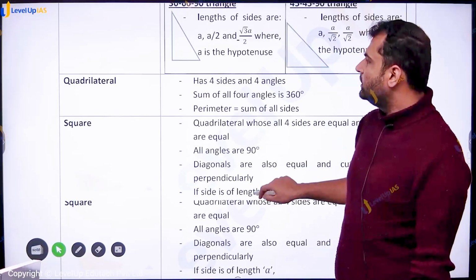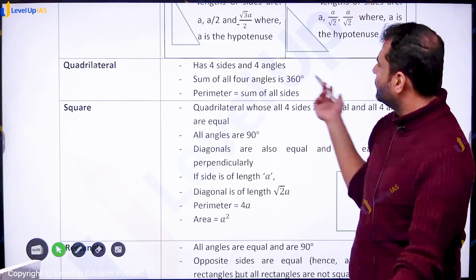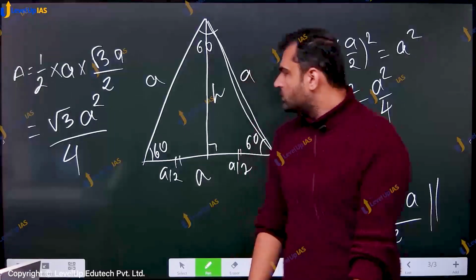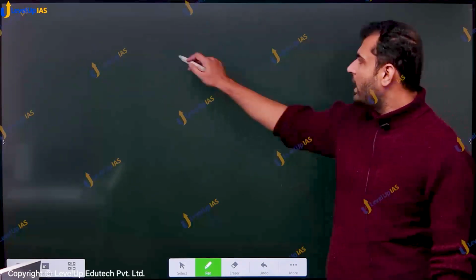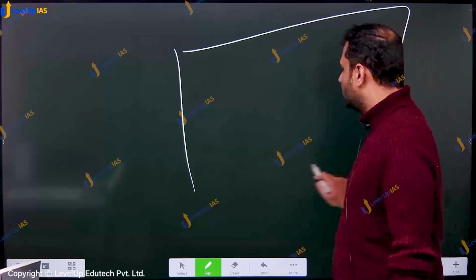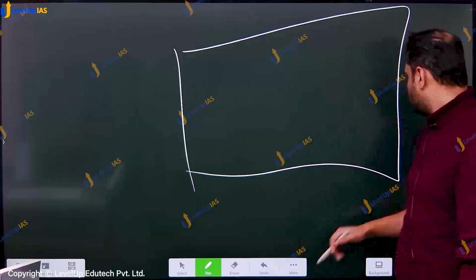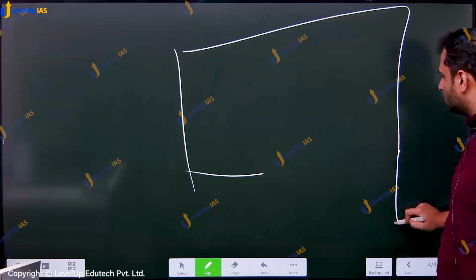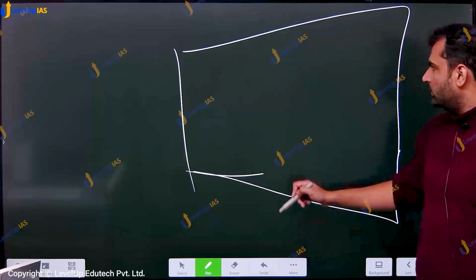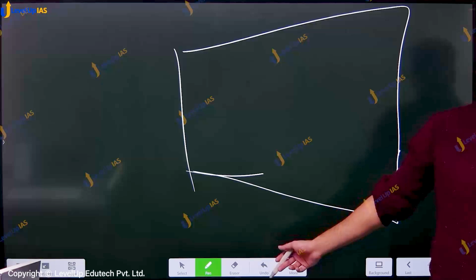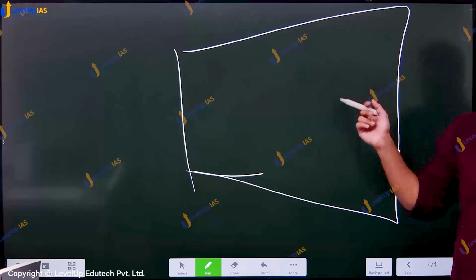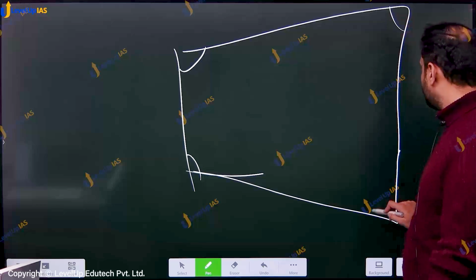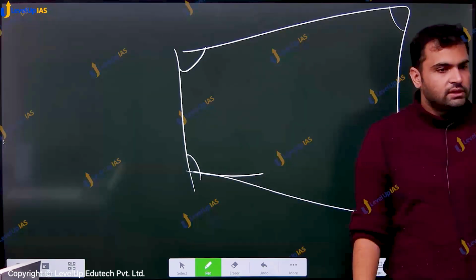Next shape is the quadrilateral. 4 sides, 4 angles. Sum of the 4 angles is 360 degrees. You can clearly see why. Assume that this is a quadrilateral with 4 edges, 4 angles, and my property is that the sum of all the 4 angles is 360 degrees.